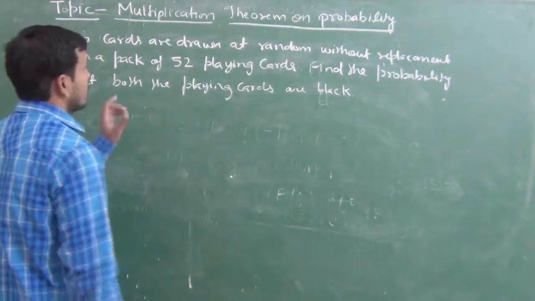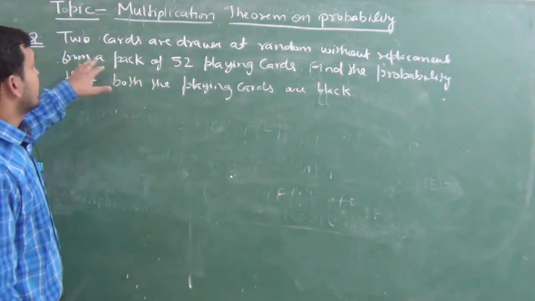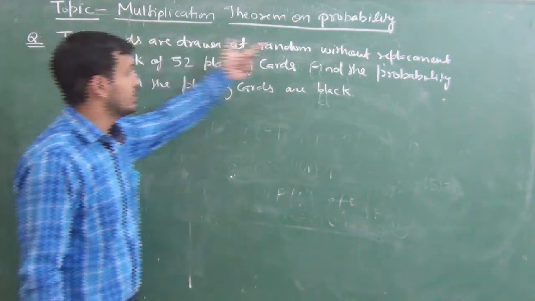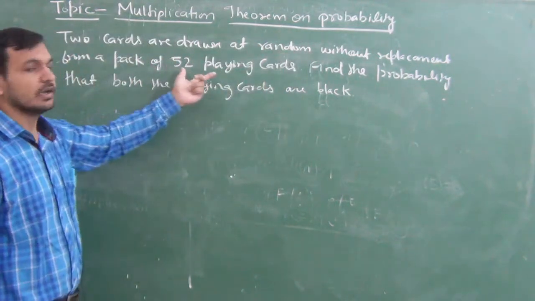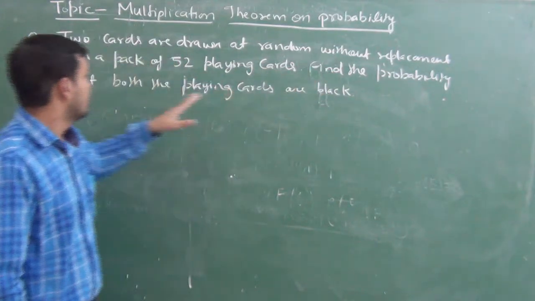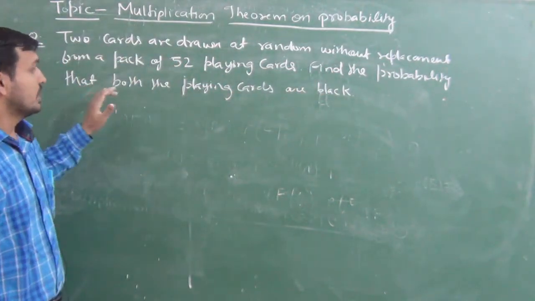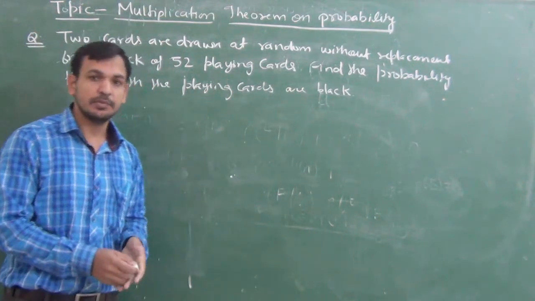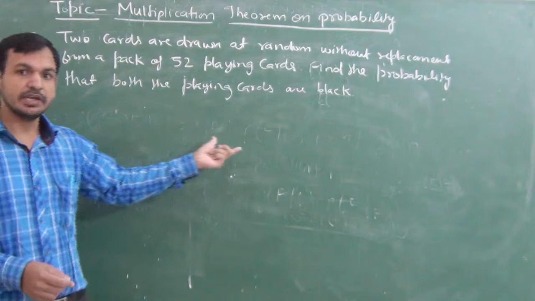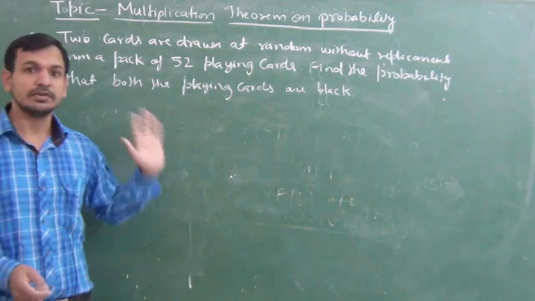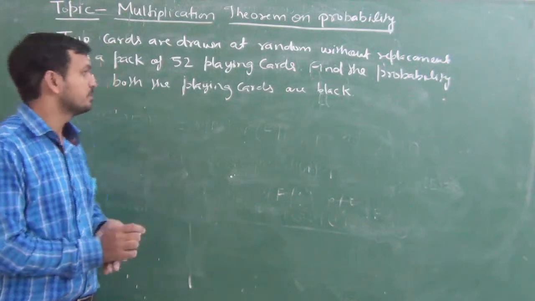So in the random experiment we have taken out two cards without replacement from a pack of 52 playing cards, and we have to find the probability that both the cards which have been taken out from the pack of 52 cards are black. It means the first card that we have taken out should be black, and the second card should also be black.